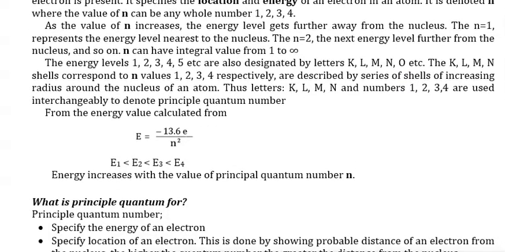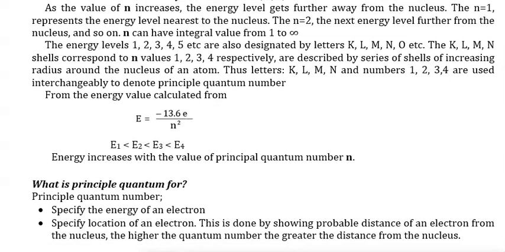But also the energy of an electron can be deduced from the principal quantum number. As we know from our equation for calculating the energy of an electron, energy is equal to negative 13.6 eV, that is electron volts, divided by n square. And this n is the principal quantum number.